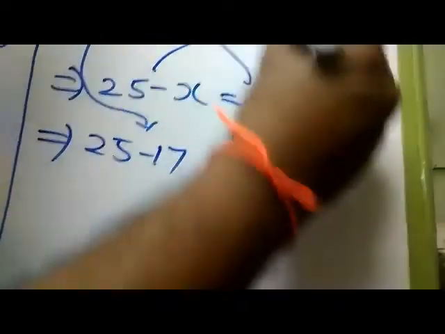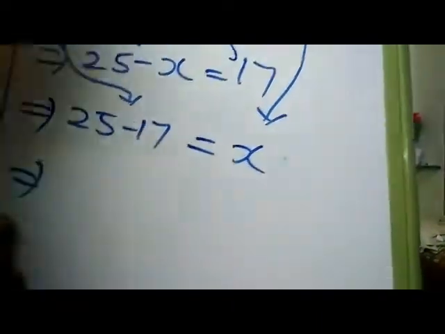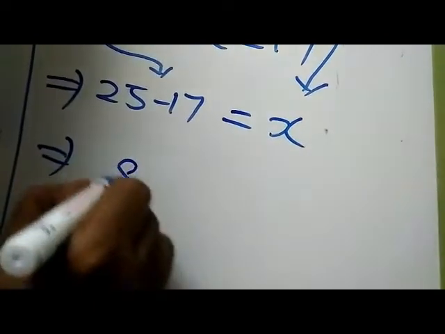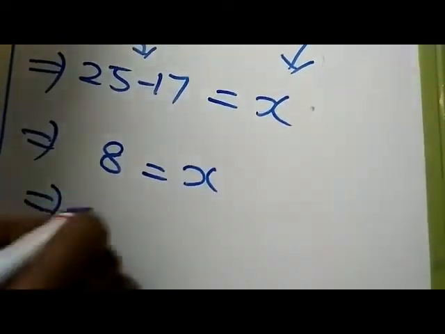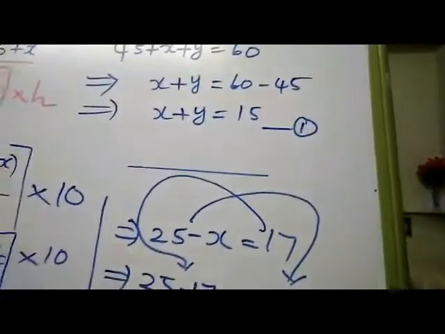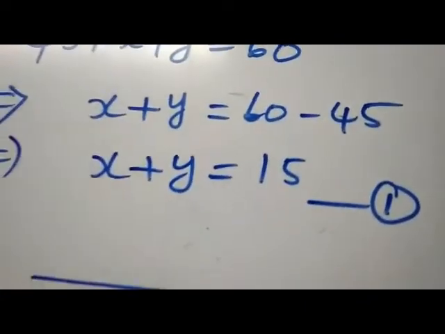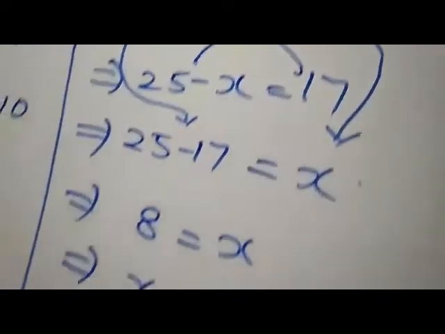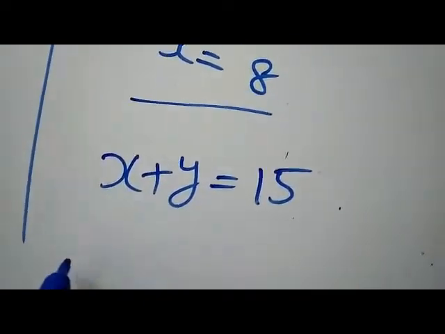And this minus x will go to that side, plus x. That is nothing but 8 is equal to x. That is nothing but x is equal to 8. Substitute x is equal to 8 in equation 1. Equation 1 is x plus y is equal to 15. X is equal to 8.